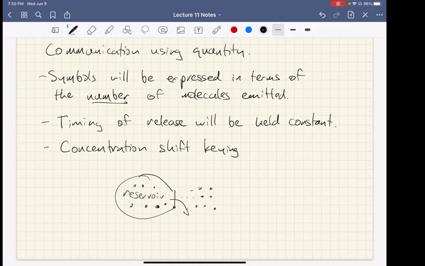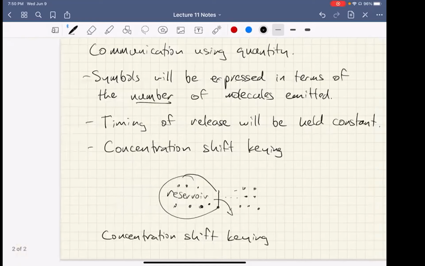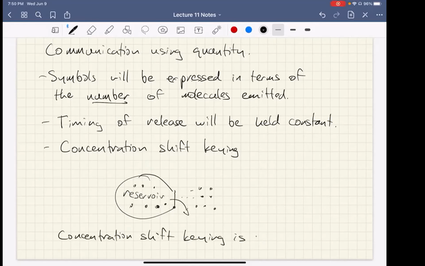Concentration shift keying is used in many demonstration systems.